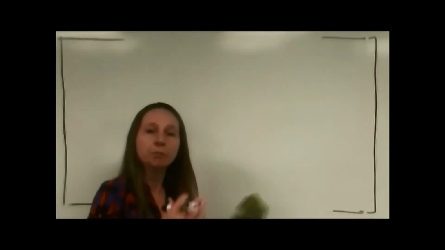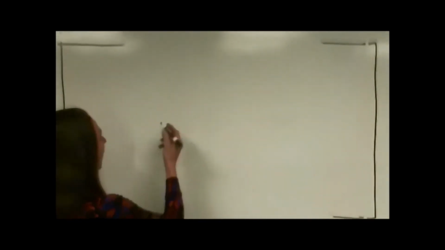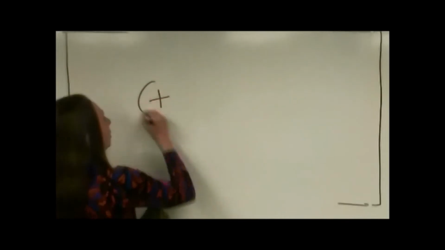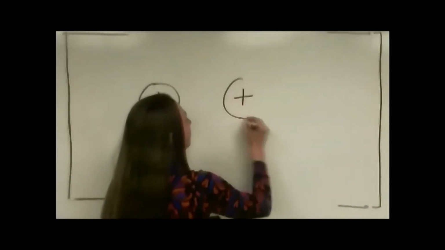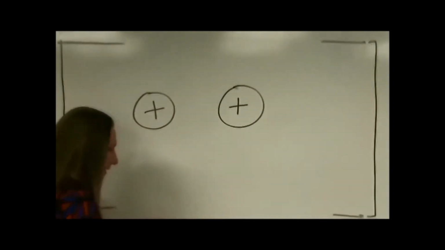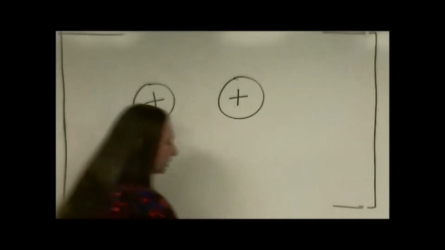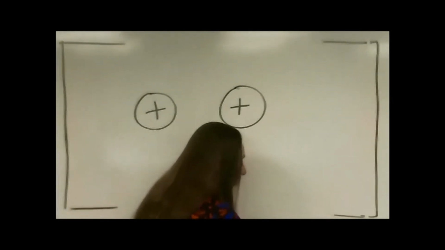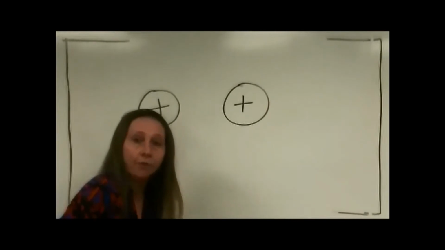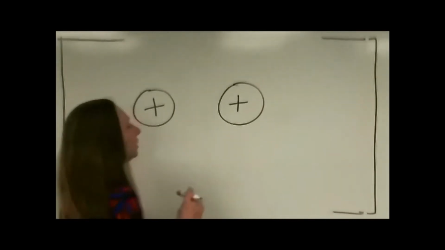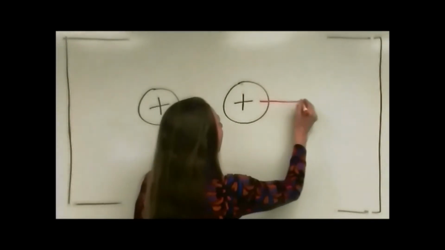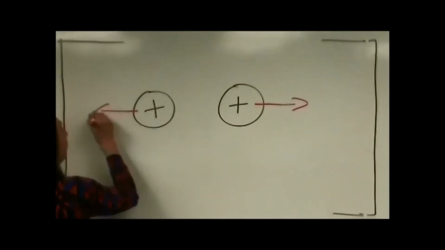And how does matter behave when it is charged? Well, if the charges are the same, such as positive, then those objects, whether they're two tiny little protons or two charged objects that you can hold in your hand, will tend to repel each other. They will push each other apart.